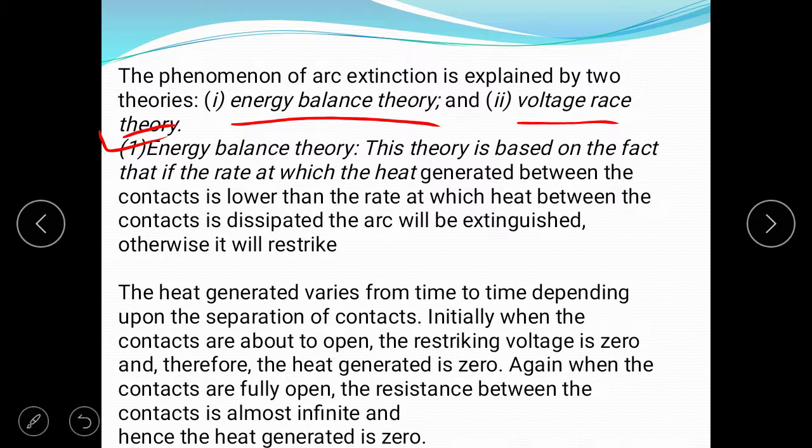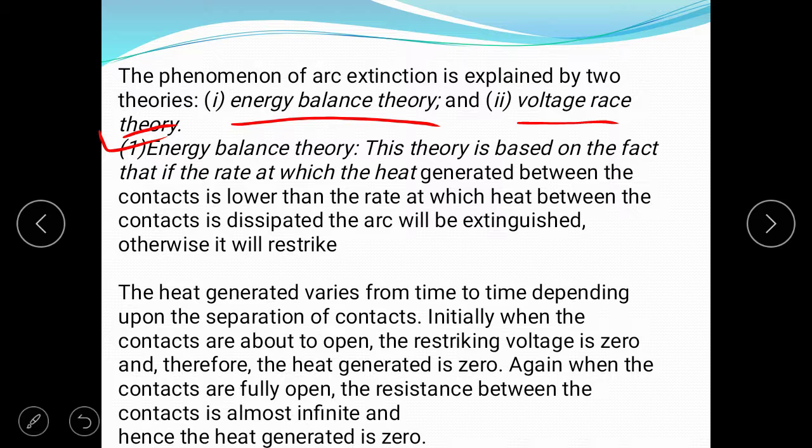According to this theory, which is based on the fact that if the rate at which heat is generated between the contacts of the circuit breaker is lower than the rate at which heat between the contacts is dissipated, then the arc will extinguish, otherwise it will restrike.